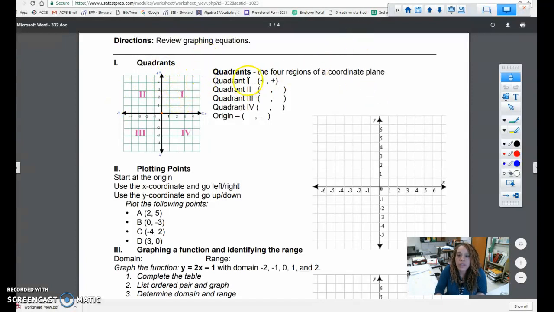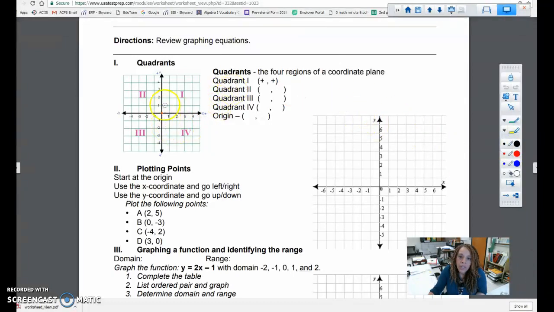In quadrant 1, all of your numbers are positive, because you're going forward on your x-axis and going up on your y-axis. That's why this says a plus and a plus. Everything in this region is going to be a plus and a plus.